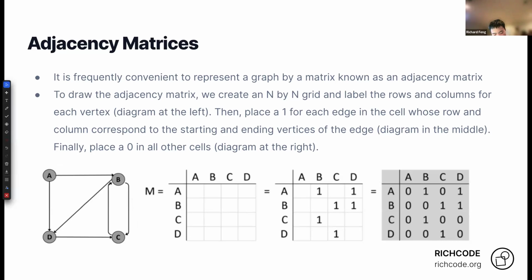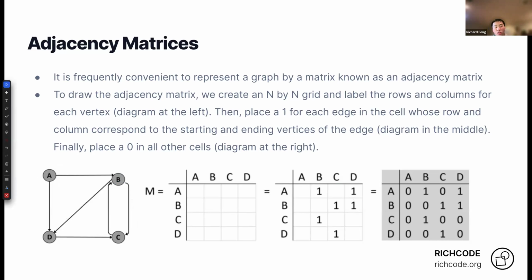So since A can go to B, at the intersection of A and B, we put a 1, which means there is a path. And A to D also has a path, so that's why there's a 1 here. And B to D has a path. So this on the left is the start, and the ones on the top are the end.